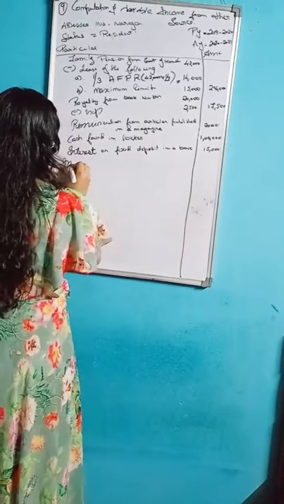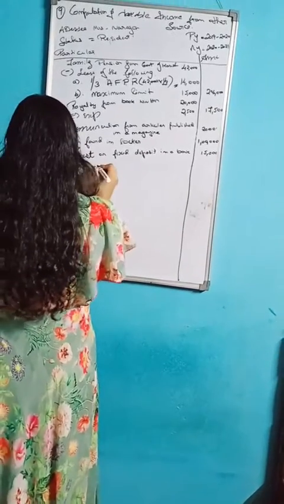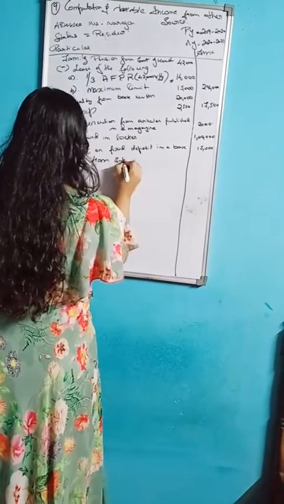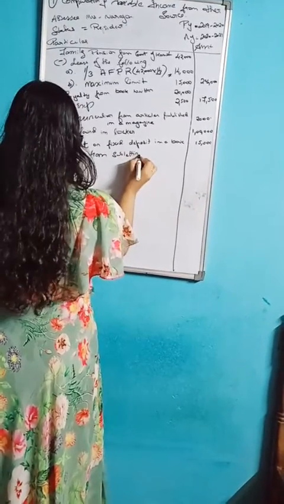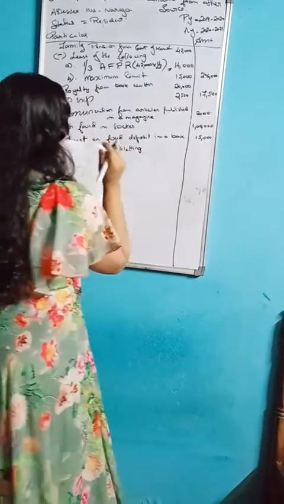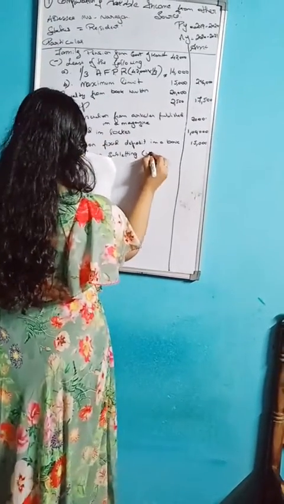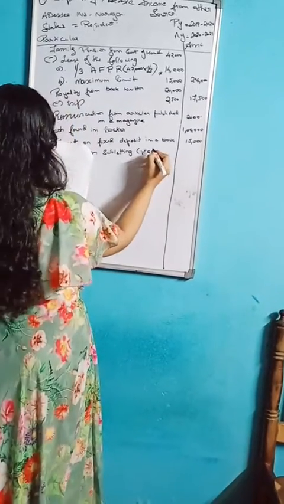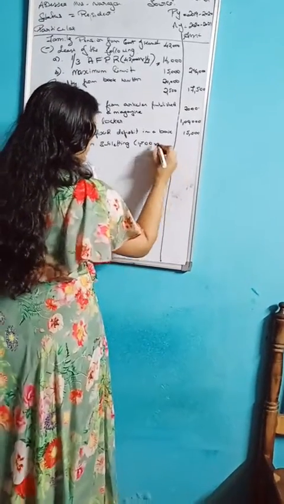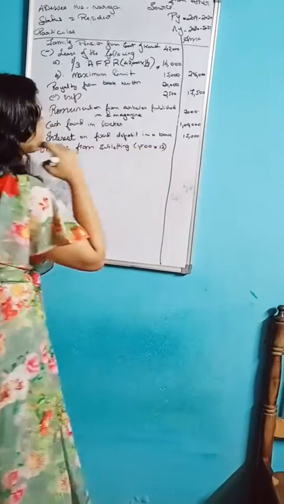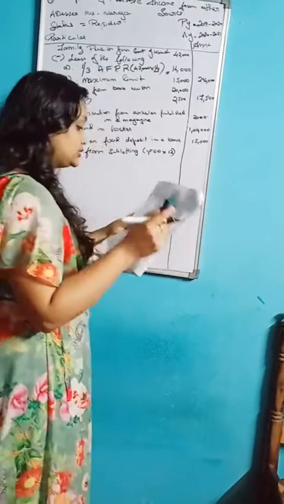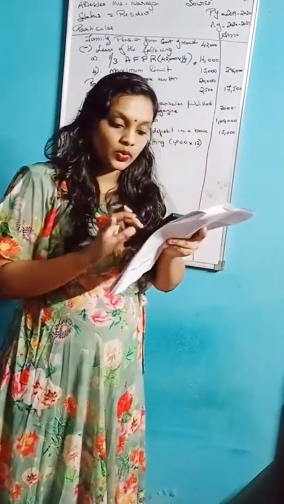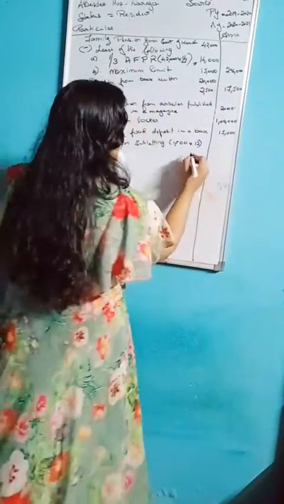So income from subletting, they have mentioned per month, so 12 months. So 1,500 into 12, you will get 18,000.